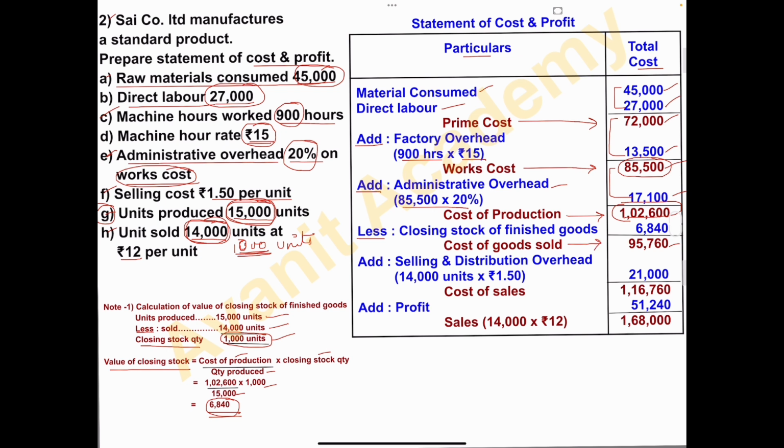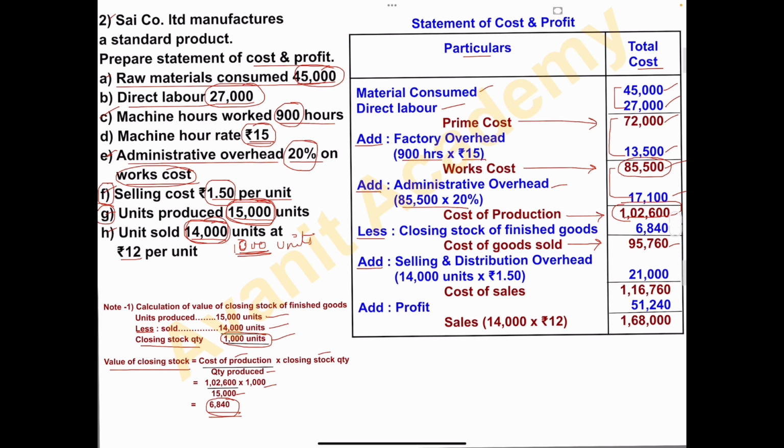Next head is add selling and distribution overhead. Read point F. Selling cost is rupees 1 rupee 50 paise per unit. So the selling and distribution cost is 1.50 per unit. Here they have mentioned per unit.